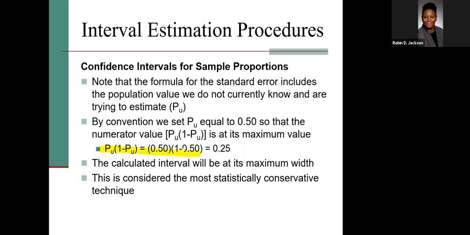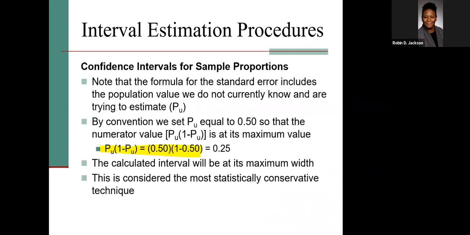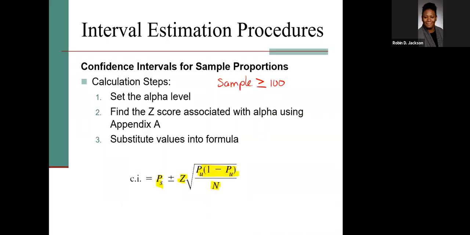If you think back, this is the formula for the top part, the numerator portion of the standard error. Remember, when we are looking at regular confidence intervals, that part is where we have the population and the sample standard deviation.